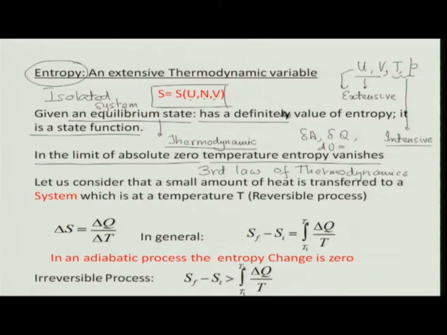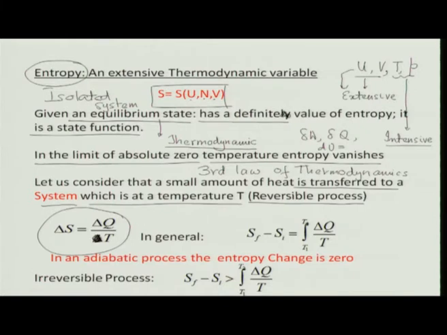Now, I will consider a reversible process. Let us consider that a very small amount of heat is transferred to a system which is at a temperature T. You can ask the question, what is the change in the entropy of the system? This is the change. It is delta Q over T. Sorry, the extra delta should not be there, I erase it.